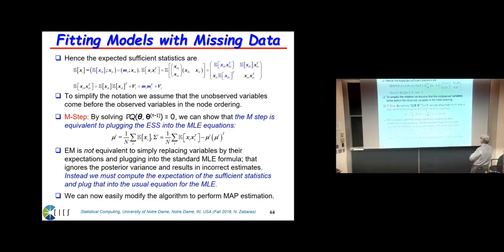And effectively, when you do optimization in the M step to compute the mean and the covariance of this Gaussian, it literally looks like applying an MLE estimate. You can see here, for the mean, it's like an MLE estimate, but notice that instead of having the data points x_i, you have the expectations of the data point x_i. For the hidden variables, you use their posterior expectations, and for the visible variables, you use the data you have.